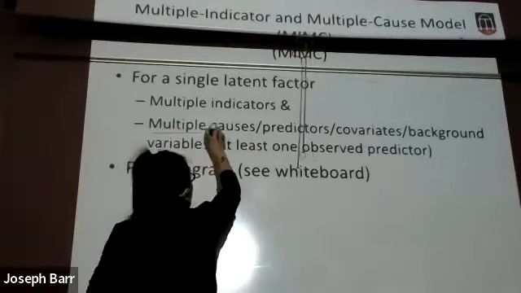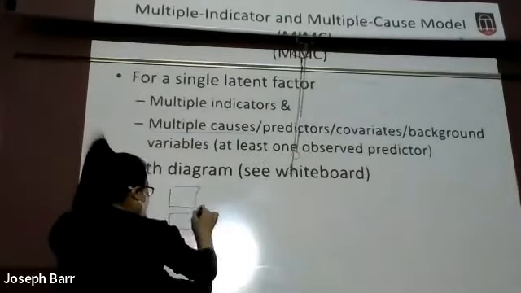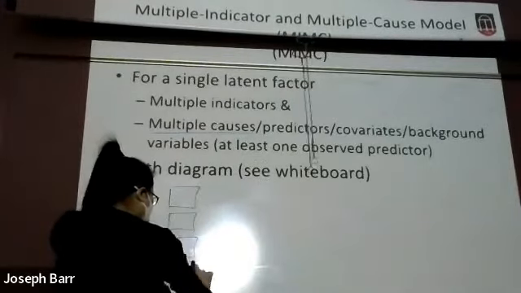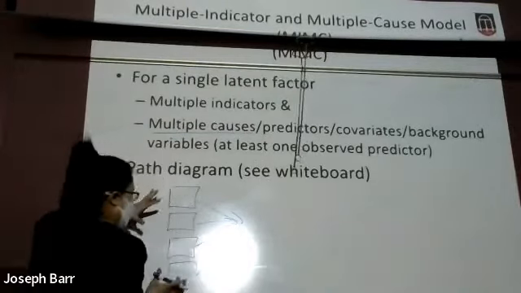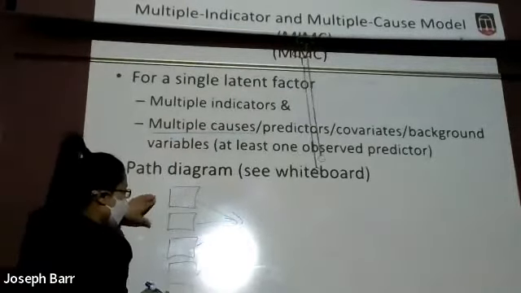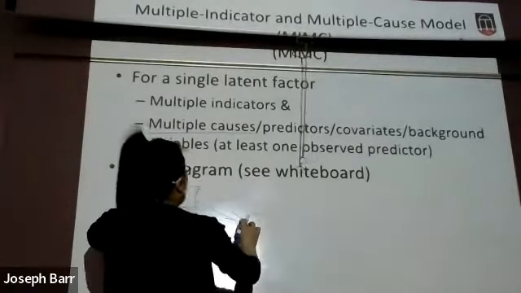Multiple causes. That means we have some causes. The direction of the arrow goes this way. These are causes, and this is the outcome, a latent variable.